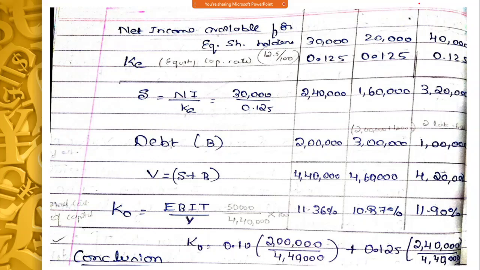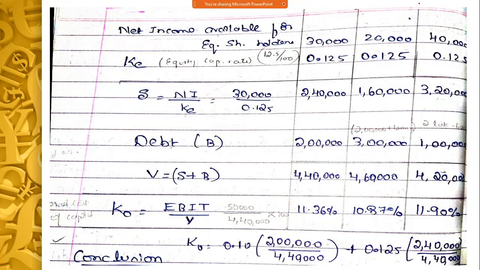When the company has increased the debt, the equity stands at rupees 1,60,000. And when 40,000 of net income is available for equity shareholders, the value of the shares stands at 3,20,000.